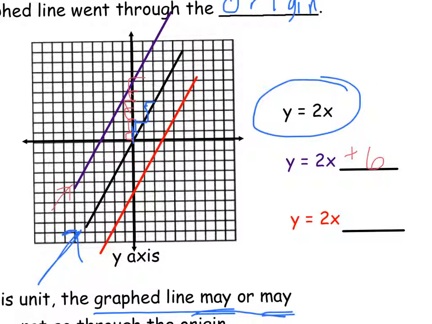So now it's not proportional anymore, but we know that from this we went up 6. Or we could do the same thing in the other direction. We went down 1, 2, 3, 4, 5. So we went down 5. So we have something added or subtracted to our main equation.